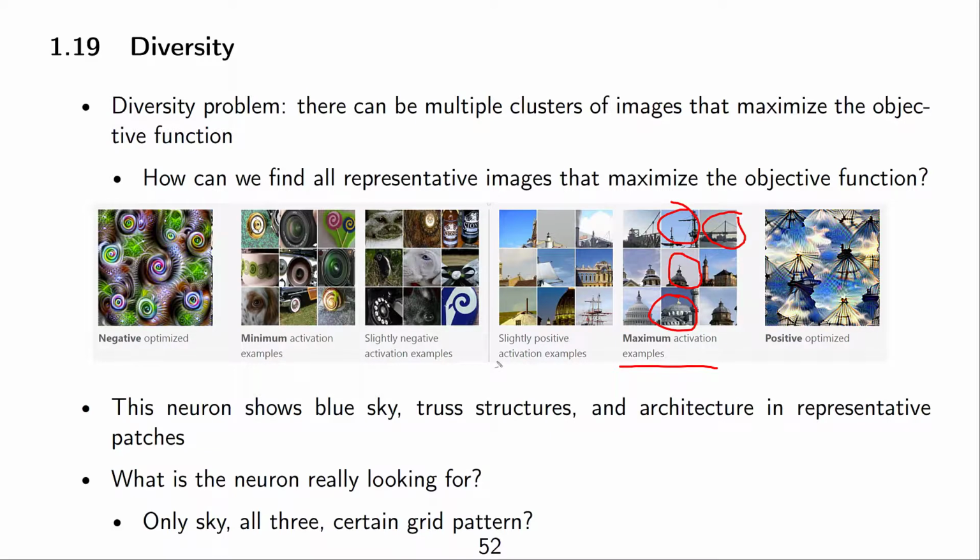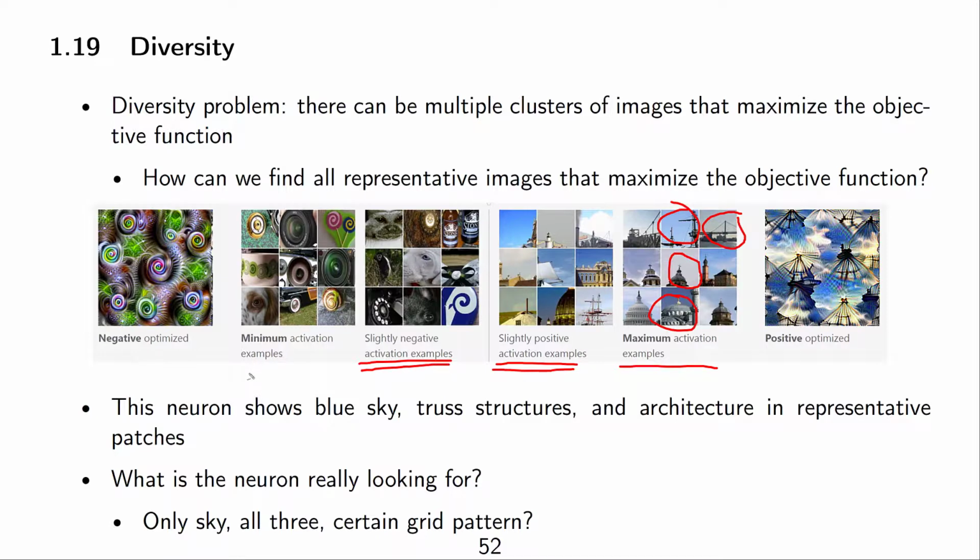This visualization also has some other ideas. We can not only look at the maximum activation examples, we can also look at slightly positive activation examples. And then we could also ask, what's the opposite? It's not really the opposite, but in some sense, maybe the opposite of what this activation is looking for.